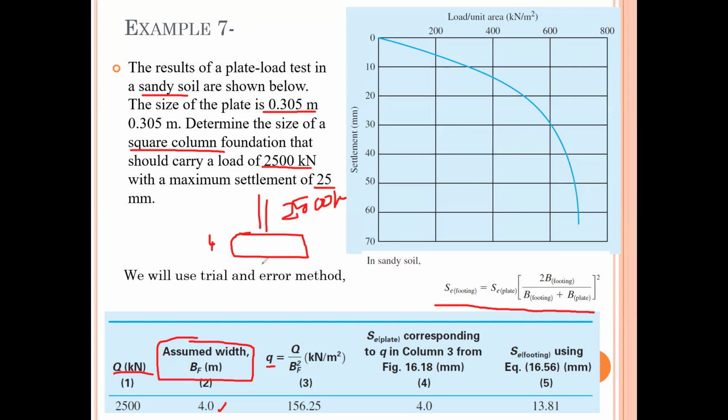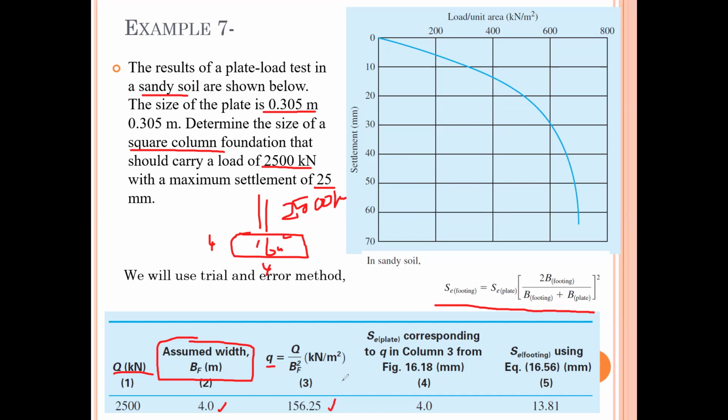So a 4 by 4 meter square foundation. So this load divided by 16 square meters. This is the bearing capacity.